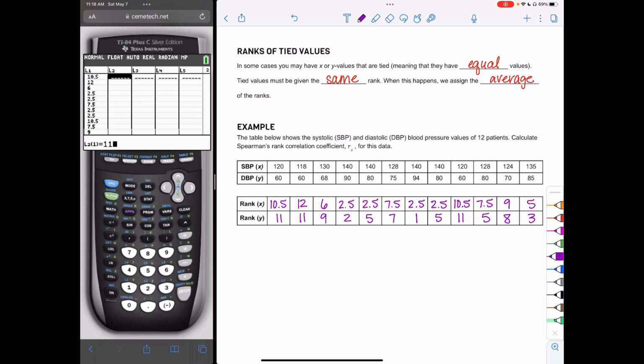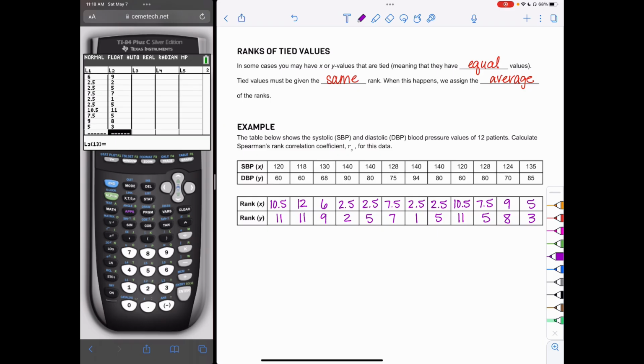For L2, we have 11, 9, we have 11 twice, and then 9, 2, 5, 7, 1, 5, 11, 5, 8, and 3.